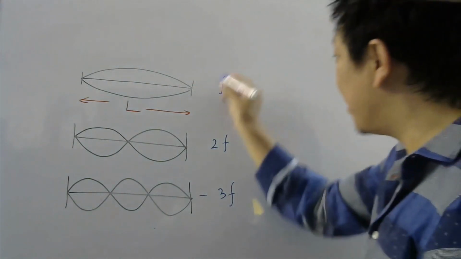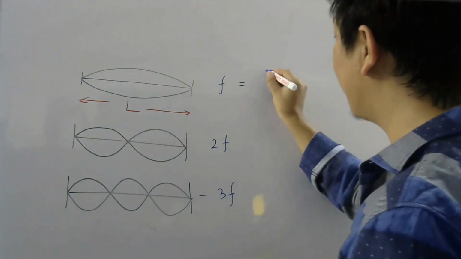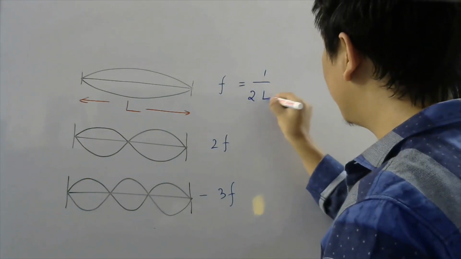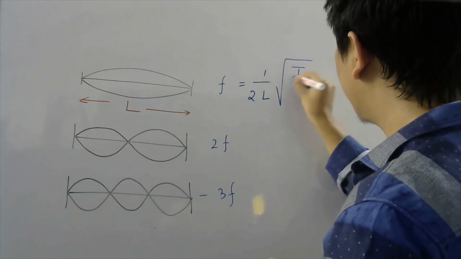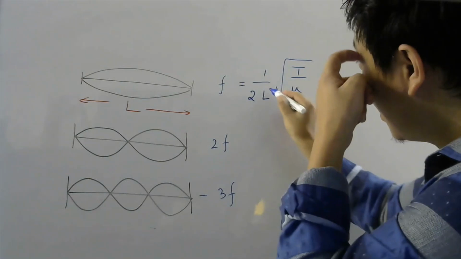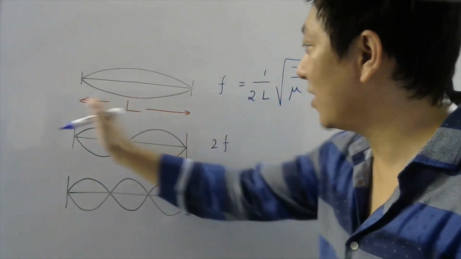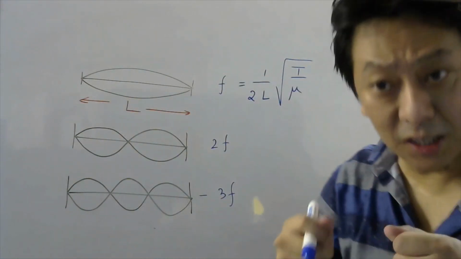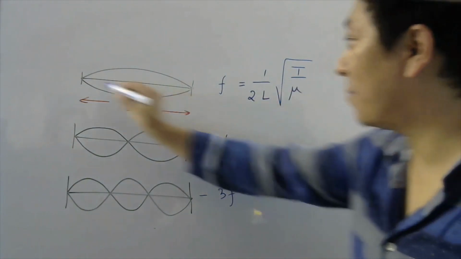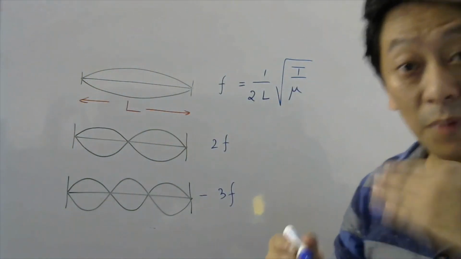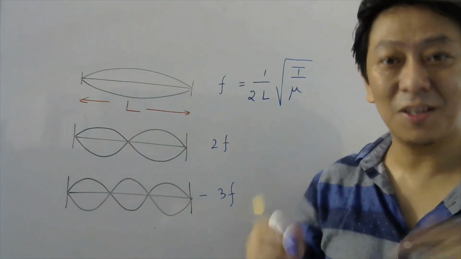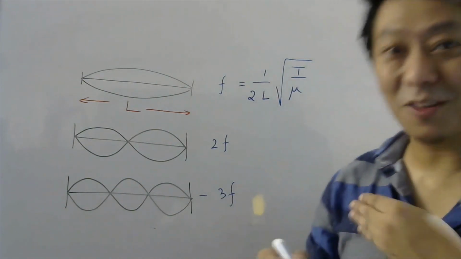So the relation for this frequency is given by 1/2L times the square root of T/mu. Here L represents the length of the string, T represents the tension in the string, and mu represents the mass of the string per length. Per length here means you need to divide by the length of the string.